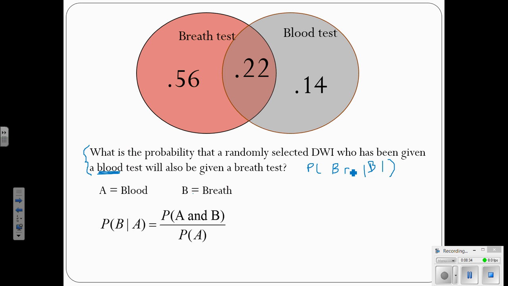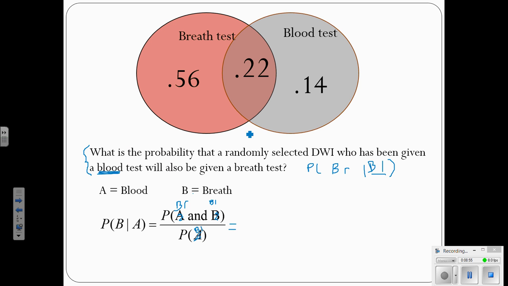So if we look very carefully at that, A and B here, maybe we do this in terms of what we've got going on. So probability of breath and blood test, and then blood comes second, so this will be the probability of just a blood test, or the probability that they're given a blood test.